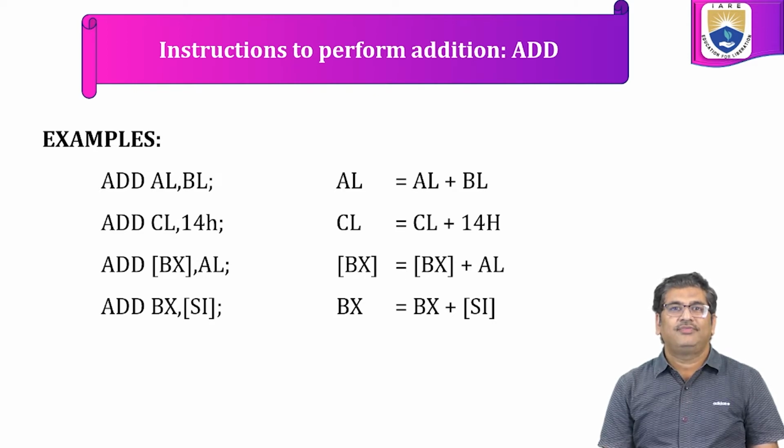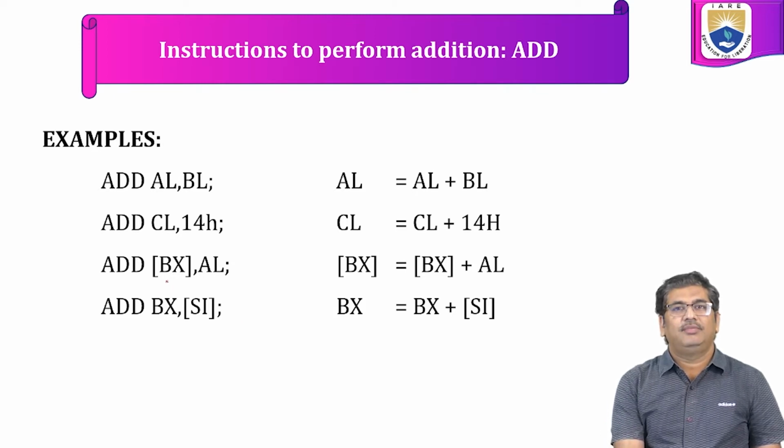The resulting sum will be in AL register. ADD CL comma 14H. This is an example of adding immediate data to a register. Here the CL register content is added with 14H immediate data, and the result will be stored in CL register.